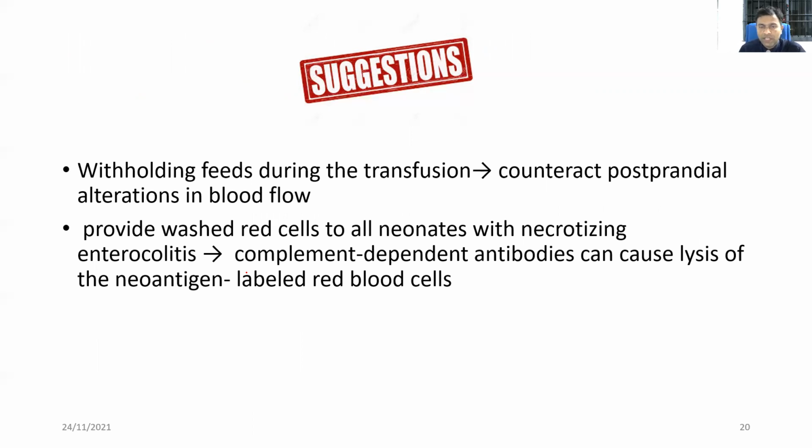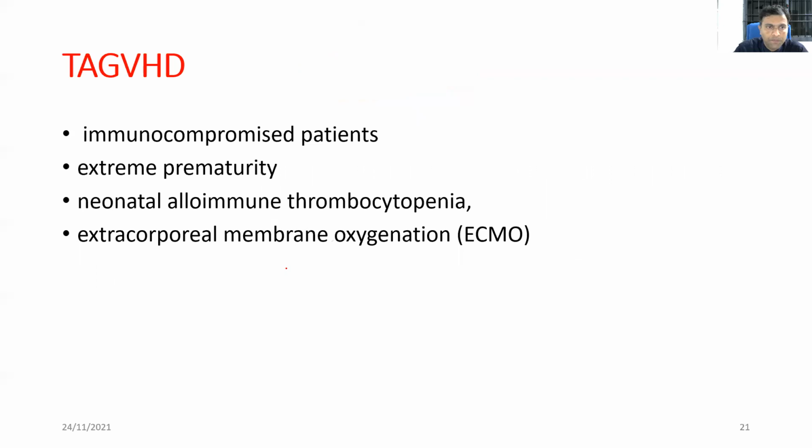That is, when you give a transfusion, avoid giving feeds so that the flow to the gut is not diverted. Provide washed red cells to all neonates with necrotizing enterocolitis, because it is noted that complement-dependent antibodies can cause lysis of the neoantigen labeled red cells. So these are a few suggestions which may help.